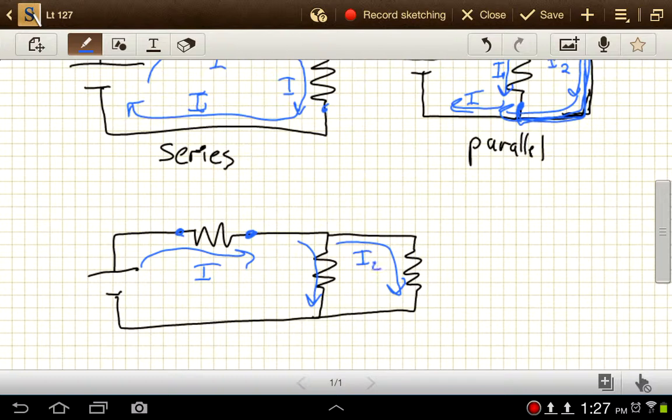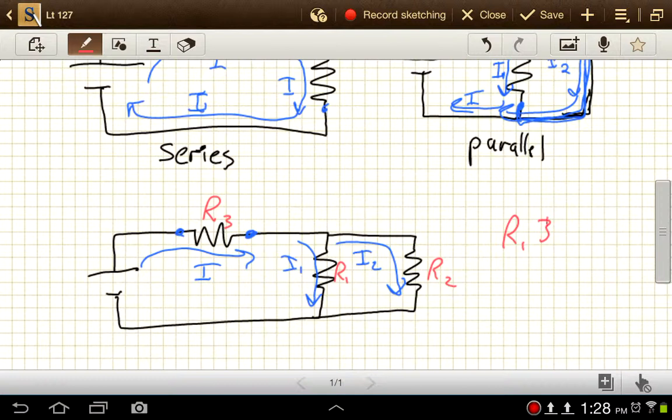So we would say that these two resistors, and we'll give those names, R1, R2, and R3. We'd say R1 and R2 are in parallel, or they're connected in parallel.